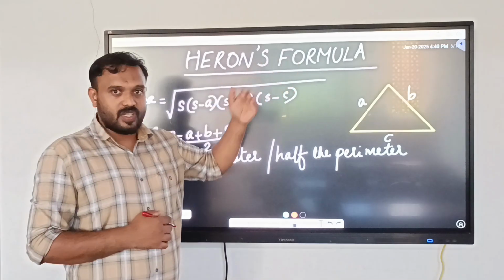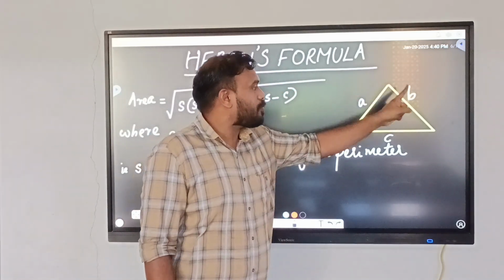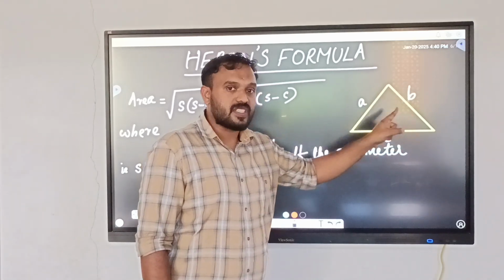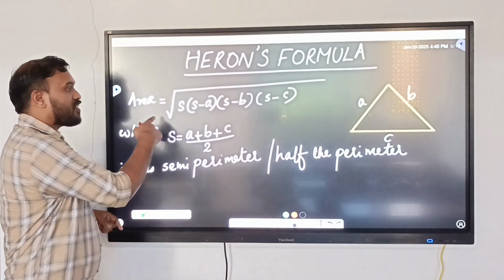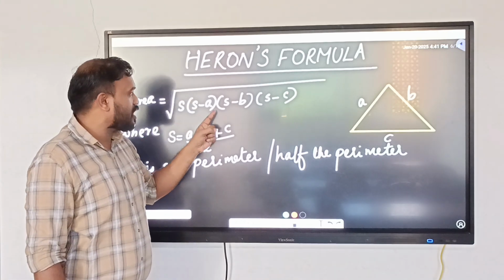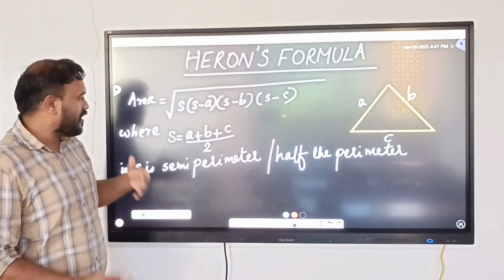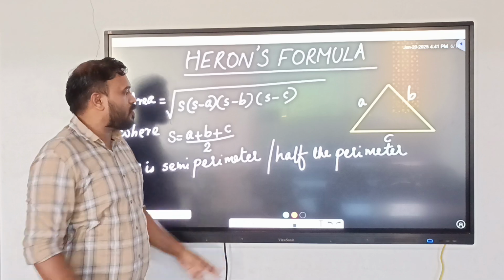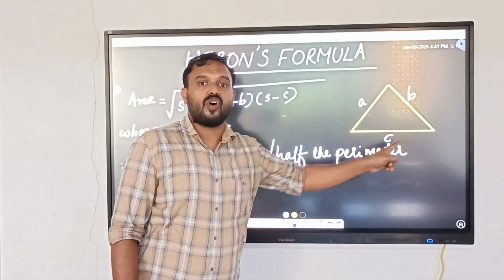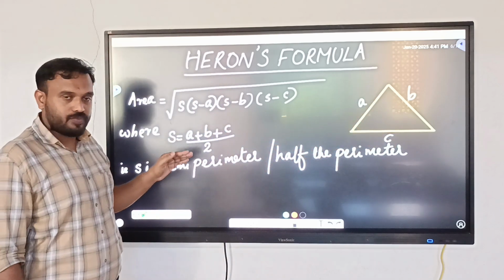See, Heron's formula is given. For a triangle, if the sides are A, B, C, then the area of this triangle is square root of S into S minus A into S minus B into S minus C. Then what is S? S equals A plus B plus C divided by 2, that means the sum of all sides or the perimeter divided by 2.